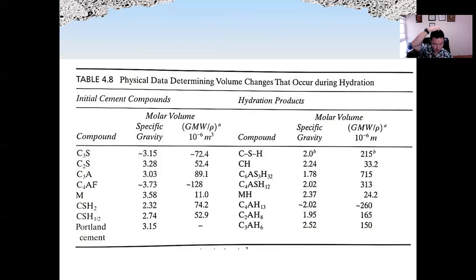And this table, also from the textbook, shows us the physical information, including the specific gravity of the hydration compounds and also the hydration products. Okay, so focus on this.